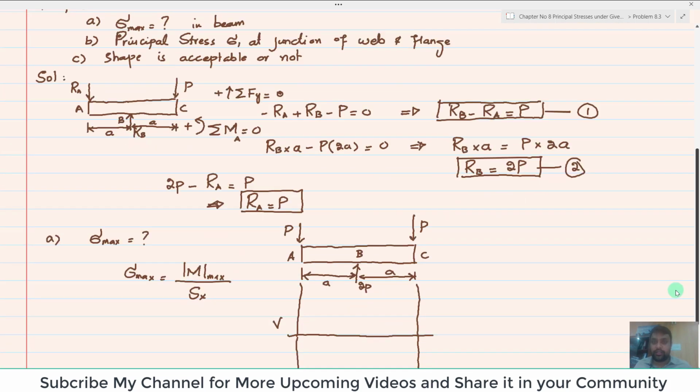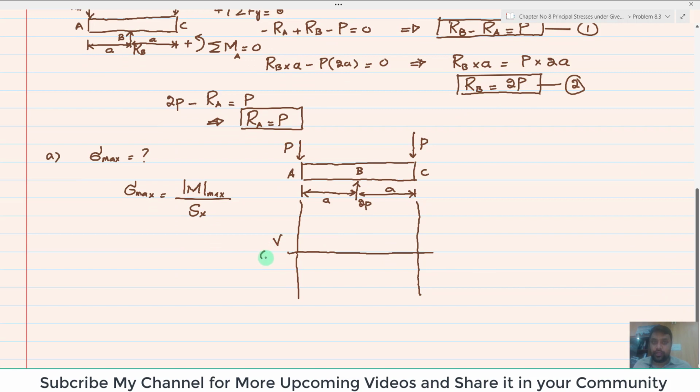Let this be in kilonewton. P is negative downward, so minus 700. Let this point be minus 700 kilonewton. And when you draw it, you will draw it as per scale.